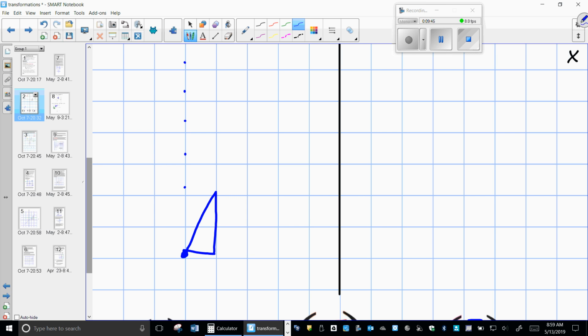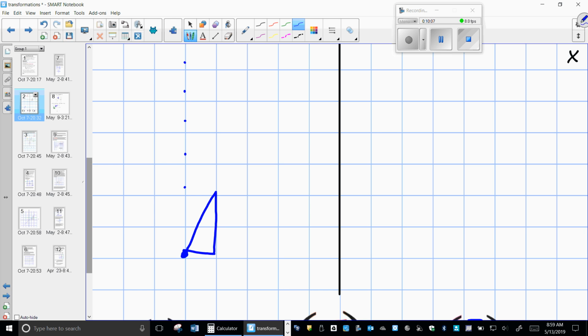So can you make sure you're labeling, either color coded or label the vectors A, B, and C, and then you can label your triangles A, B, and C. I don't mind how you label them. Just make sure it's clear that when you come back to look at it another time, you know what's going on.